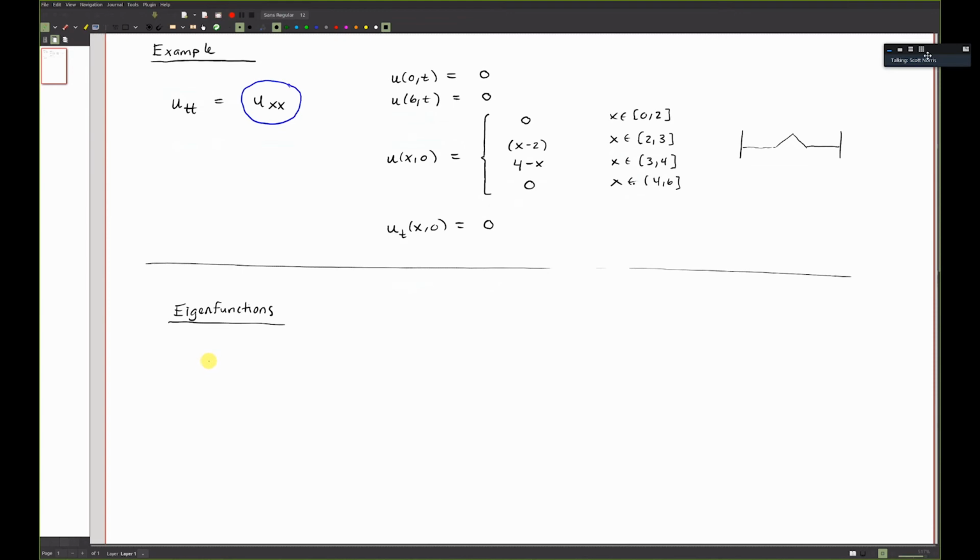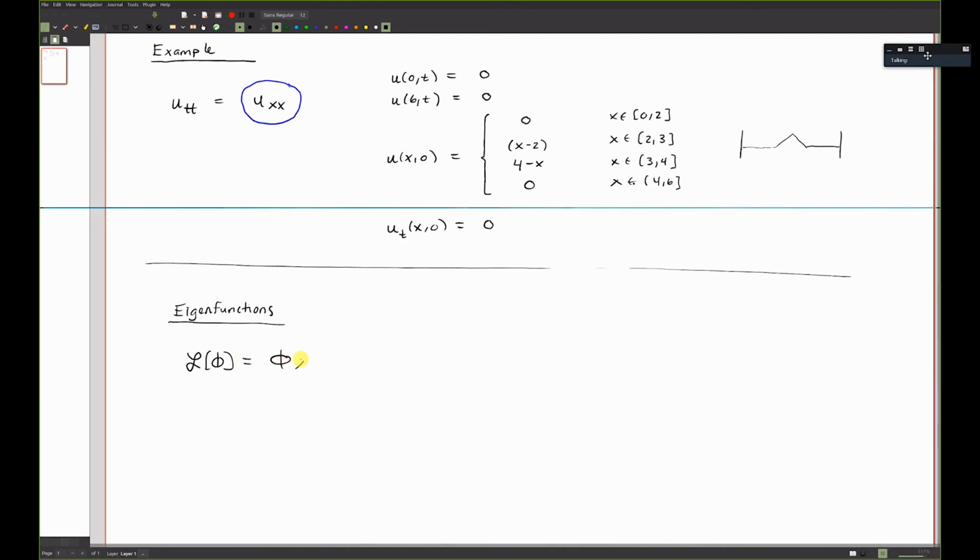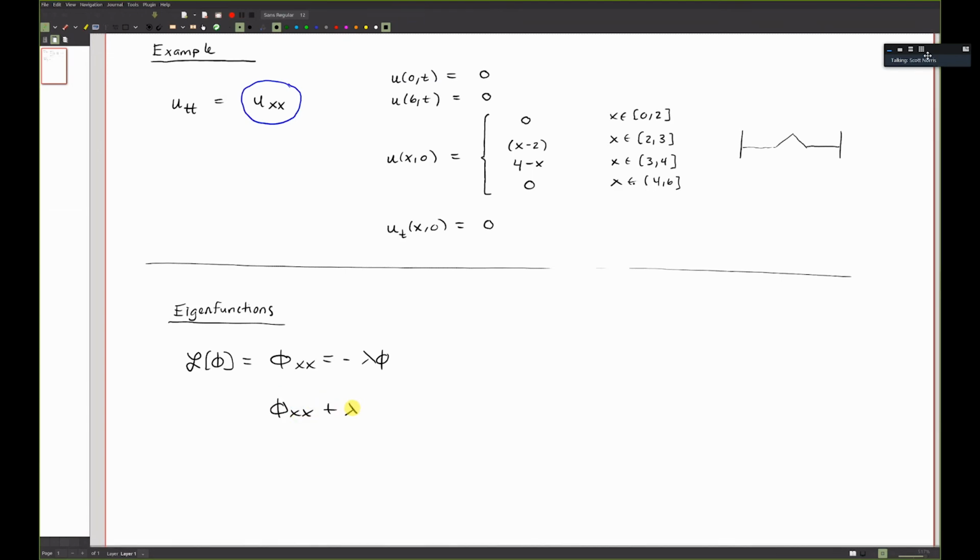And so my spatial operator is going to be L phi equals phi xx equals minus lambda phi. And so my ODE is going to be phi xx plus lambda phi equals 0.